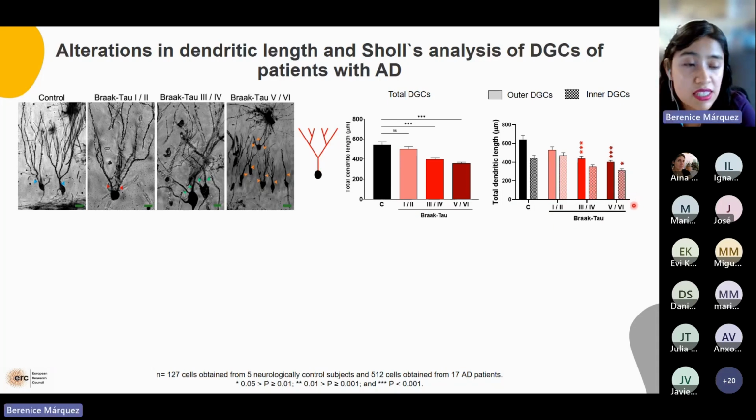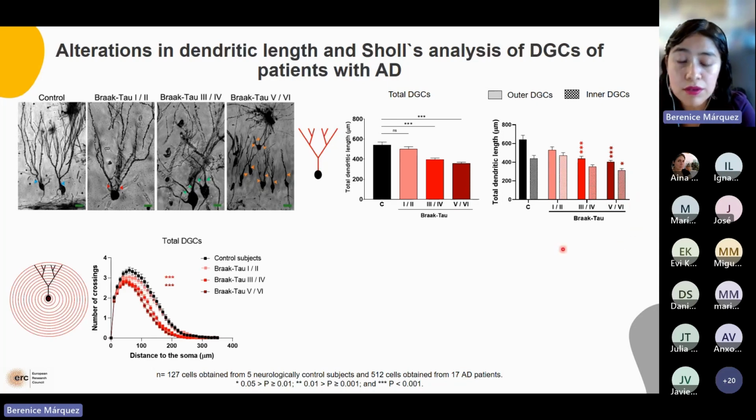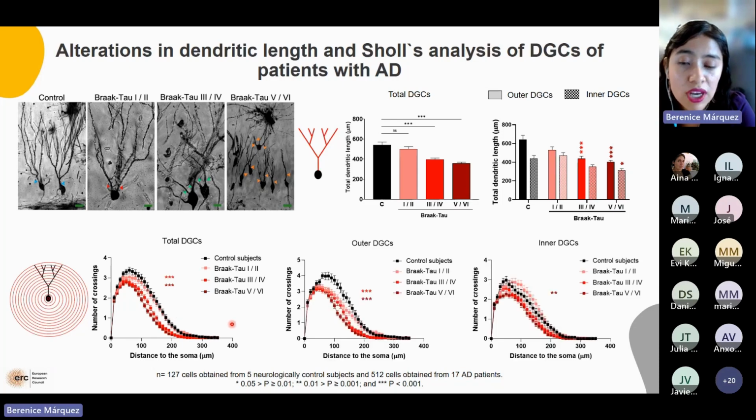The Sholl analysis in total dentate granule cells reveals a progressively decreased number of intersections in Alzheimer's disease patients at intermediate and later stages. A similar decrease was observed in the outer dentate granule cell population, meanwhile in inner dentate granule cells it was decreased only in patients at later stages.